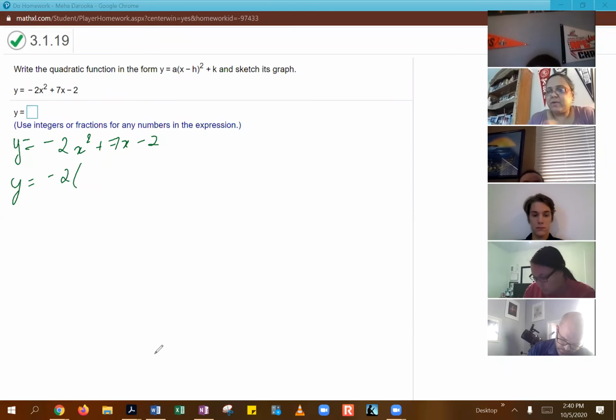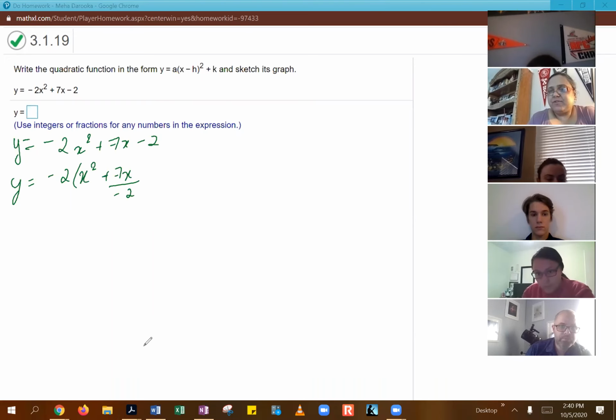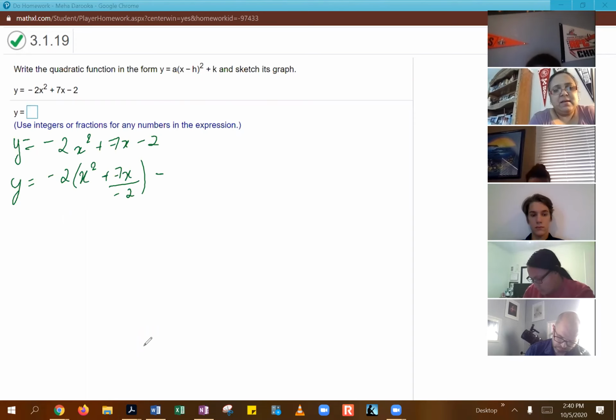So we're going to factor out the negative 2, which will leave us behind with x squared. Again, 2 will not go into 7. So like we did in the previous example, go ahead and divide that middle term by the negative 2. And then at the end, we will have the minus 2.